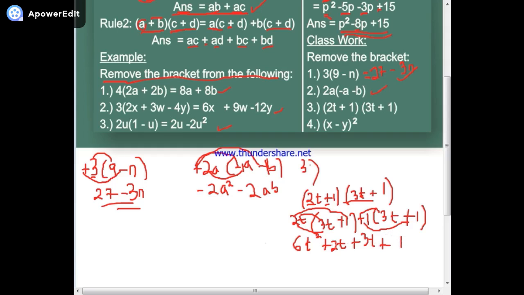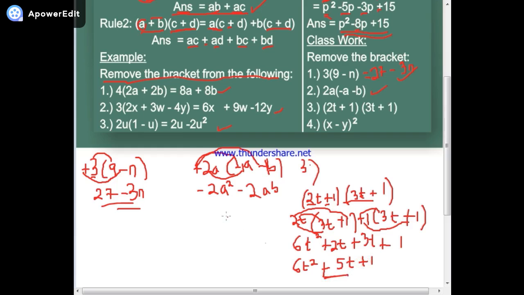So you now collect the like terms. We have 6t square, plus 2t minus 3t. That will give us what? Minus t... plus 5t. Now plus 1: 6t square plus 5t plus 1. So that is our final answer.